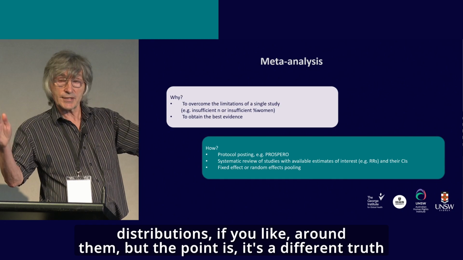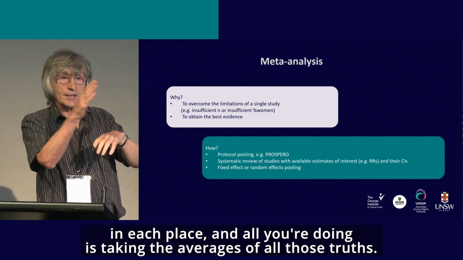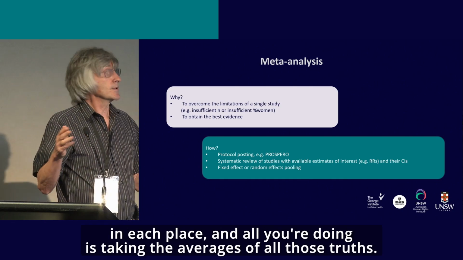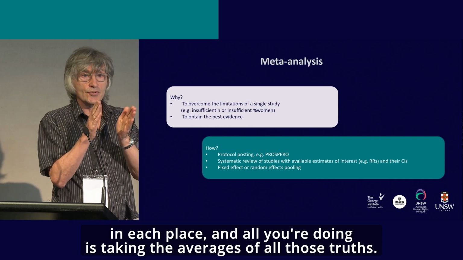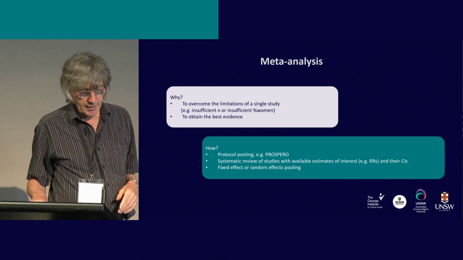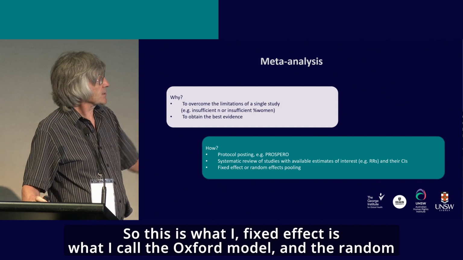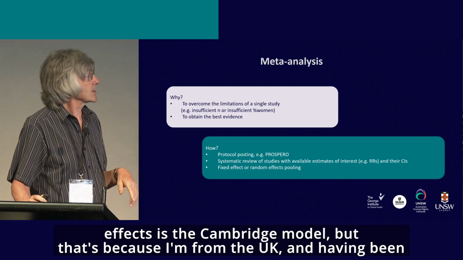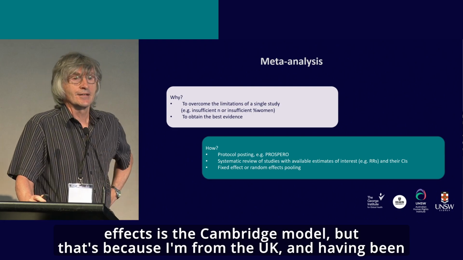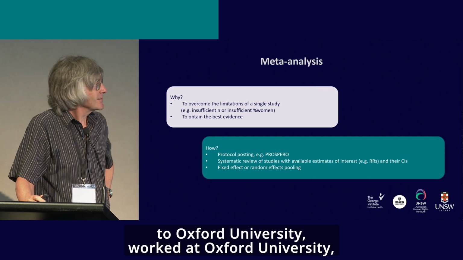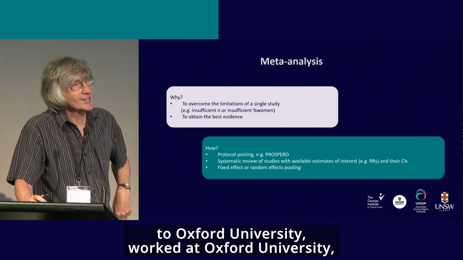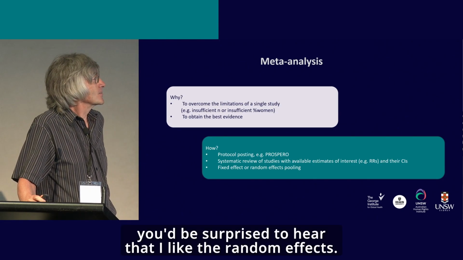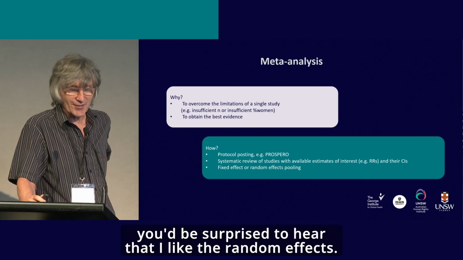But the point is, it's a different truth in each place, and all you're doing is taking the averages of all those truths. So the fixed effect is what I call the Oxford model, and the random effects is the Cambridge model. But that's because I'm from the UK. And having worked at Oxford University, you'll be surprised to hear that I like the random effects.